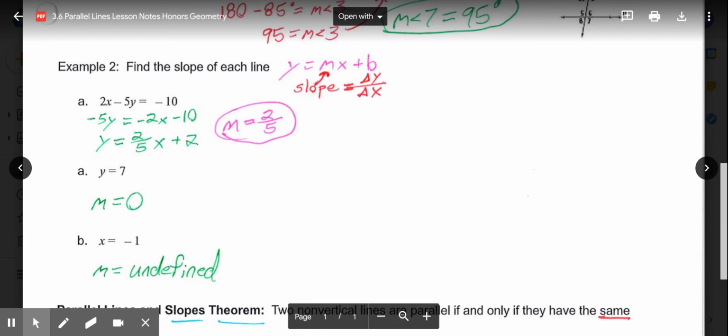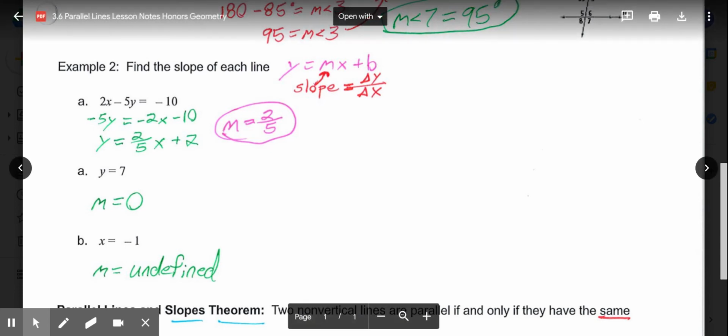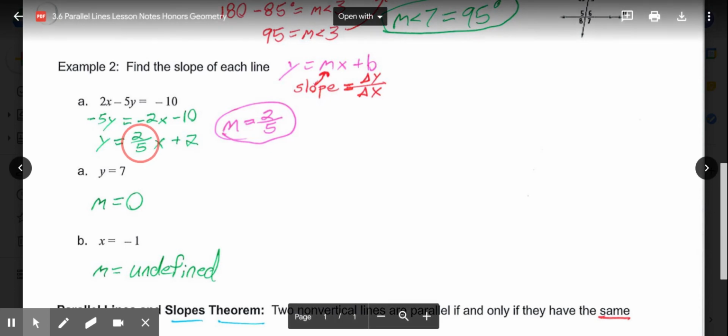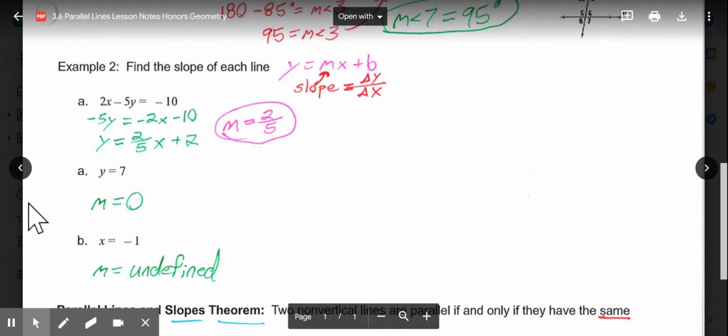So I subtracted 2x from each side, and I have negative 5y equals negative 2x minus 10. Divide everything by the negative 5, and y would equal 2/5 x plus 2. So what's attached to the x in place of m is 2/5. So the slope would be 2/5. In part A, if y equals a number, that means we have a horizontal line.